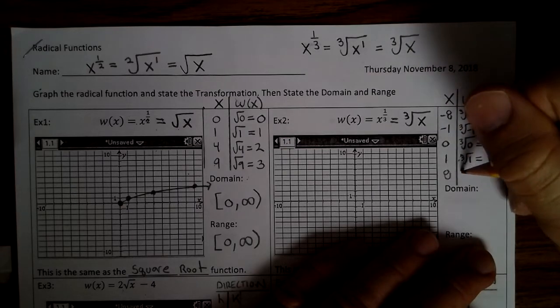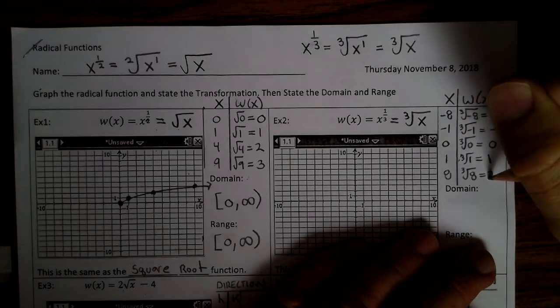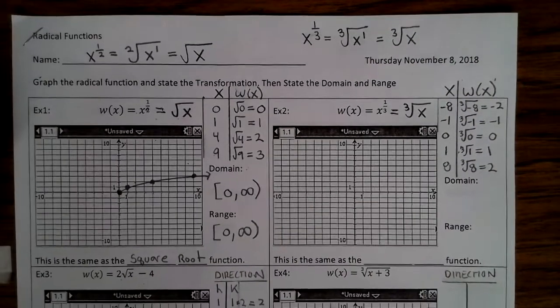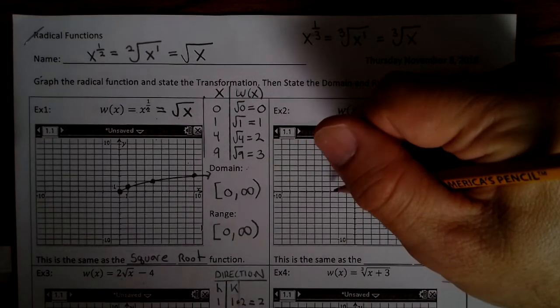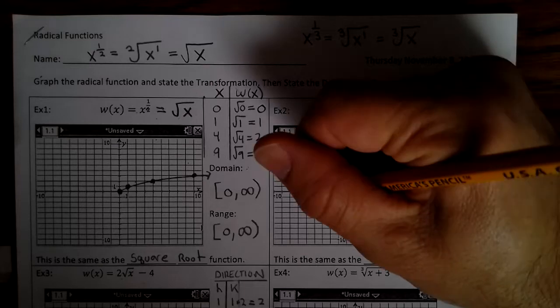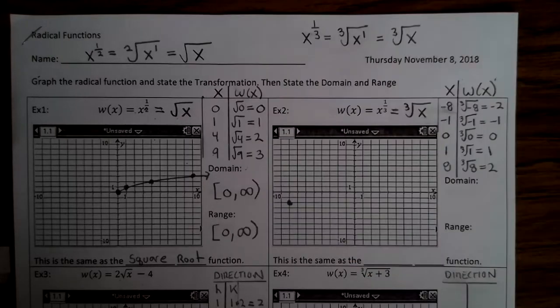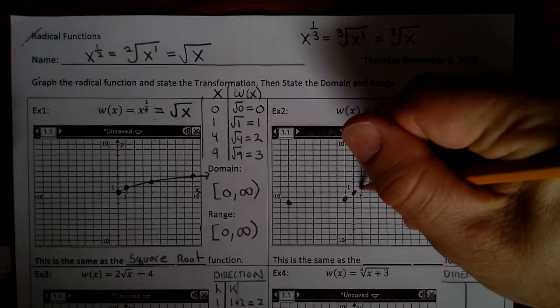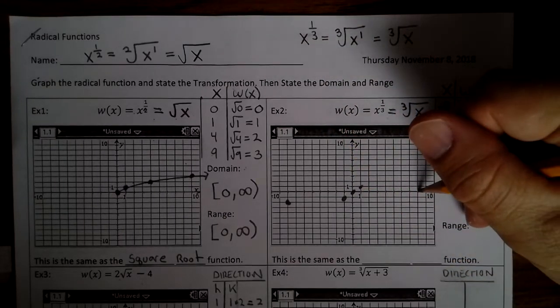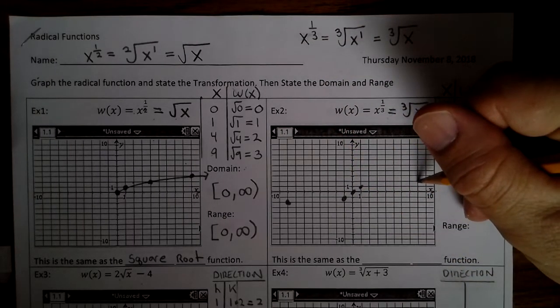Let's go ahead and graph those points: -8, down 2; -1, -1; 0, 0; 1, 1; and 8, 2. This is the cube root parent function.